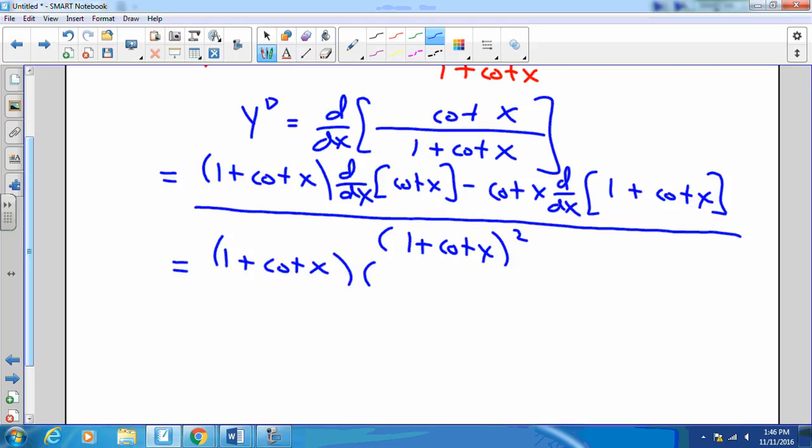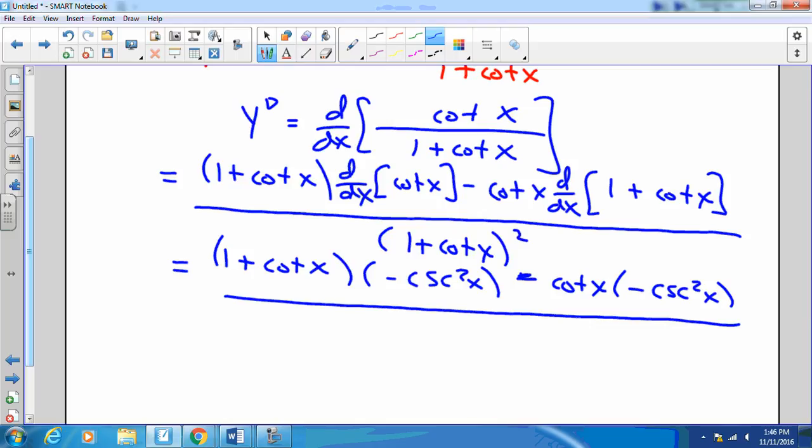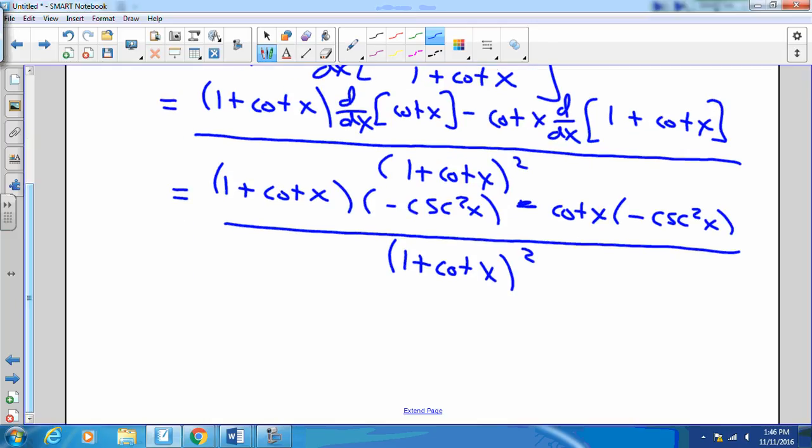Now we come through, and we take the derivative here. What is the derivative of cotan x? Negative cosecant squared. There you go. And so this is all more or less happy.